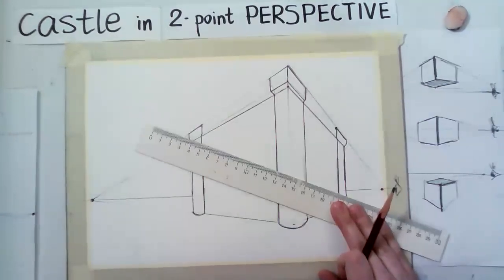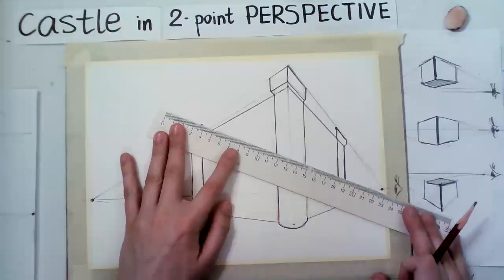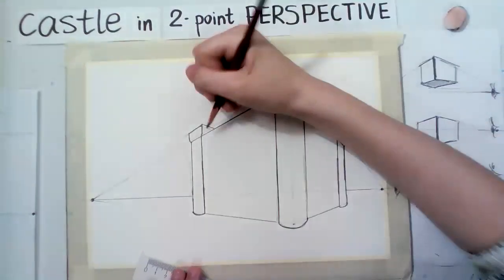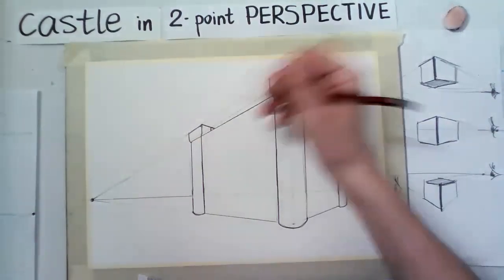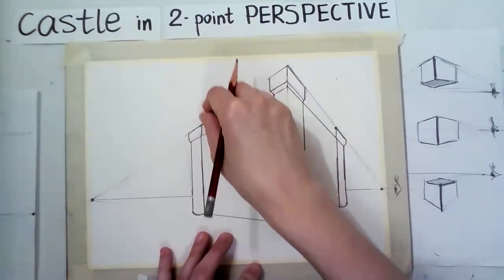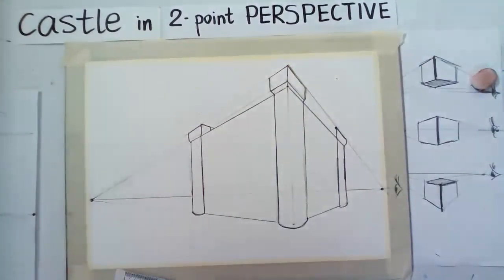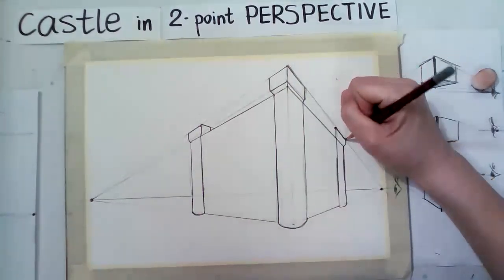Again, from this point we went here, but we also go here. And this will help us here, little line. This one is going to give us the other side of the tower. It's such a little line, but it changes a lot. And the same thing will be with the other side.